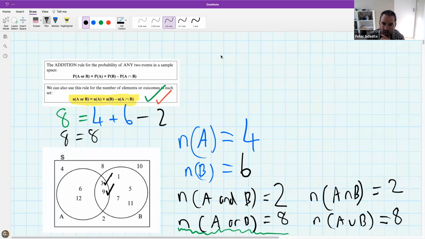Fantastic. Now, the last one I want to ask is, what is the n of S? Now, there's no S on the drawing, but S is the whole sample space. So what is the n of S for this particular Venn diagram?